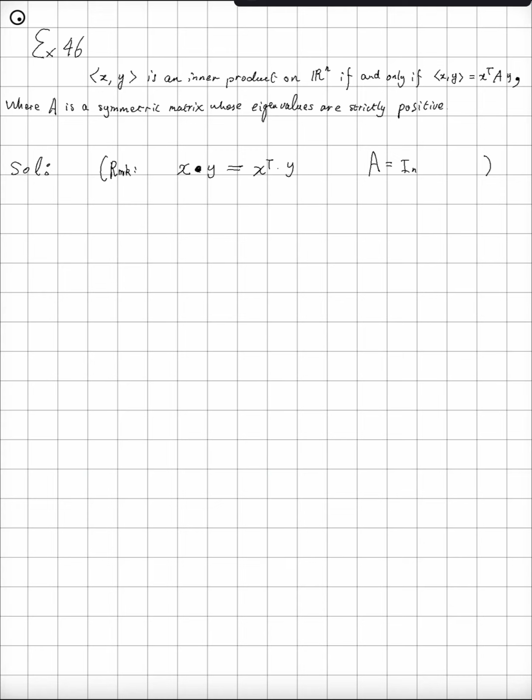So let's first show that if the function is an inner product, then it is of the form x transpose A y.